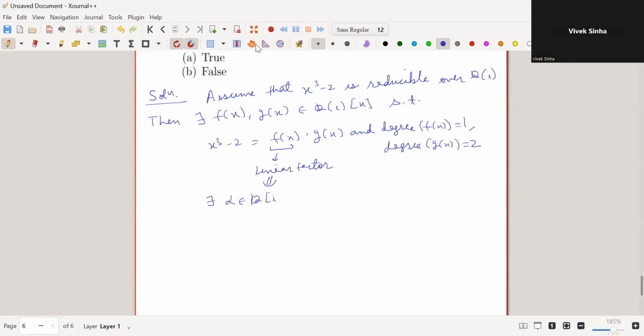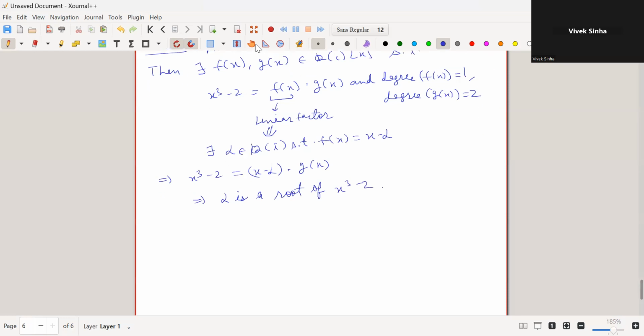All these things we are doing in Q(i), right? In Q(i), such that f(x) is nothing but x minus alpha, some linear factor. So x cube minus 2 is (x minus alpha) times g(x), which implies alpha is a root of x cube minus 2.